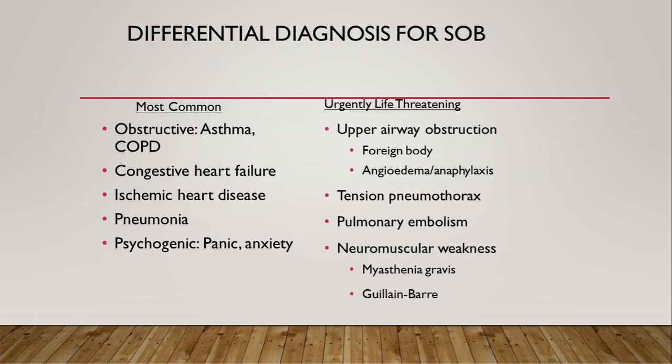Differential diagnosis of shortness of breath: the most common are asthma, COPD, congestive heart failure, ischemic heart disease, and pneumonia. Sometimes psychogenic causes can cause dyspnea. Urgent life-threatening conditions include upper airway obstruction, foreign body, angioedema, tension pneumothorax, and pulmonary embolism.